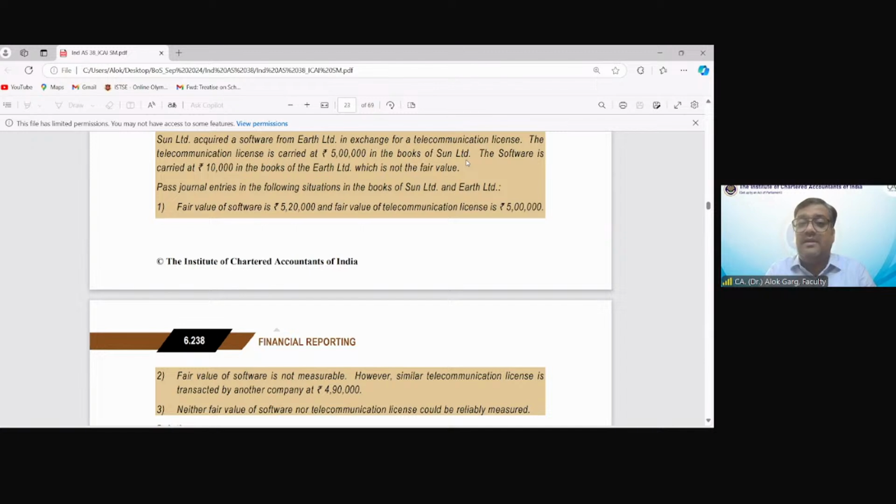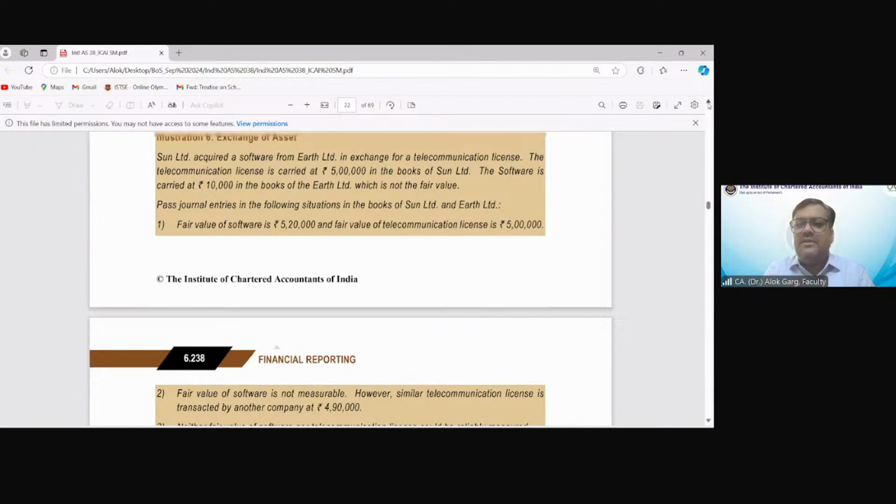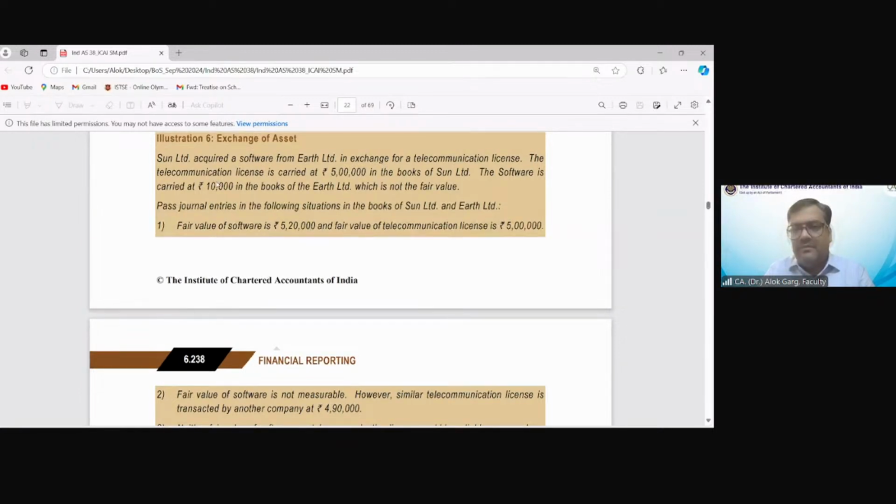In this question, Sun Limited is a purchaser of software and a seller of a telecom license. Sun Limited is giving the telecom license and buying software. Likewise, Earth Limited is a buyer of the telecom license and seller of software in this transaction.